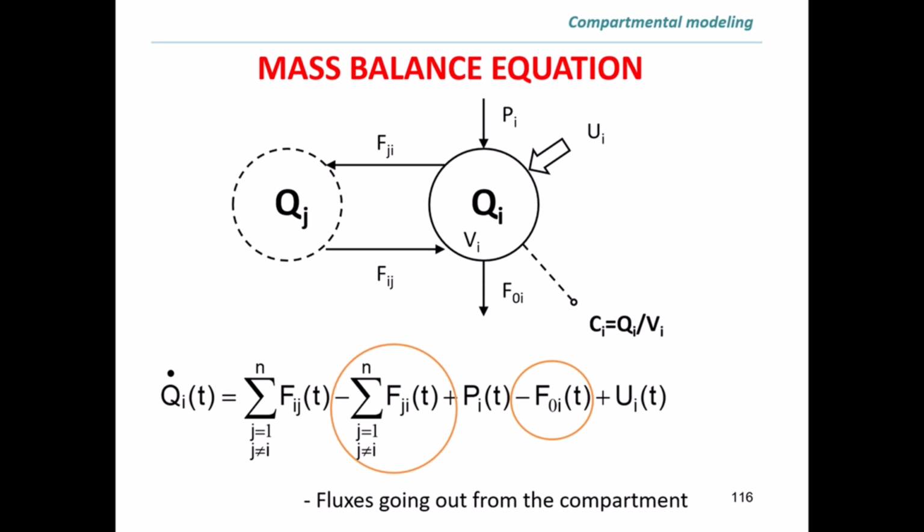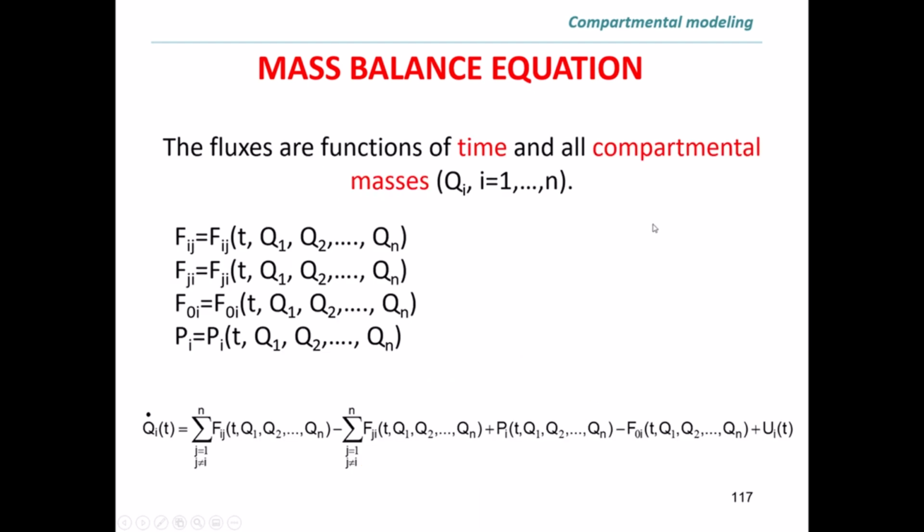And now we can see all the fluxes going out from the compartment. Thus we have all the fluxes coming out from compartment I and going to other compartments, as for example FJI, and then we have all the other outputs, for example F0I, the flux that is going out from compartment I to the external.